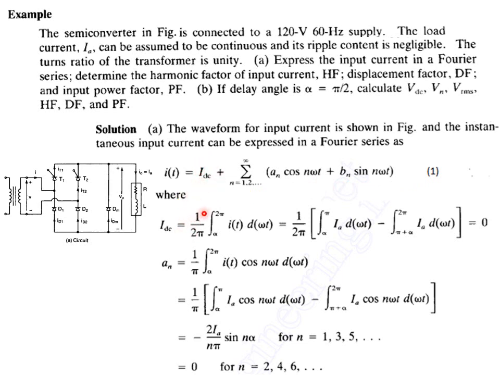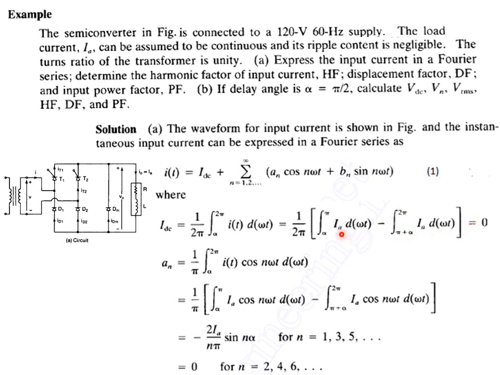So we use the average formula 1 upon 2 pi, and since for this semi-converter the SCRs get triggered at alpha, the integral is from alpha to 2 pi of i of t. Since we have two pulses, one in the positive half cycle and one in the negative half cycle, we split the load current Ia as integral alpha to pi minus integral pi plus alpha to 2 pi of Ia d omega t, which equals 0.